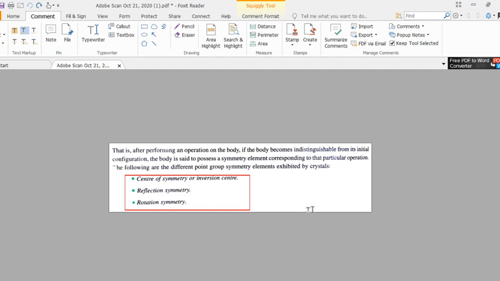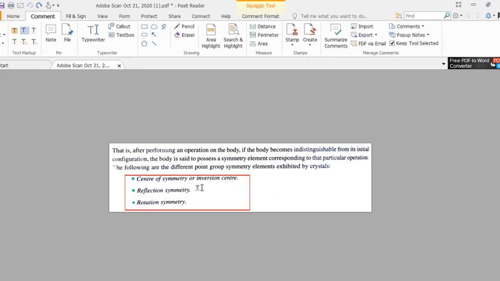Now we know that there are two kinds of symmetry. One is point symmetry, and point symmetry is made of three kinds of symmetries. That is why it is known as a point group. It is a group of these three. Which are those three? One is the center of symmetry, also sometimes known as the inversion center.